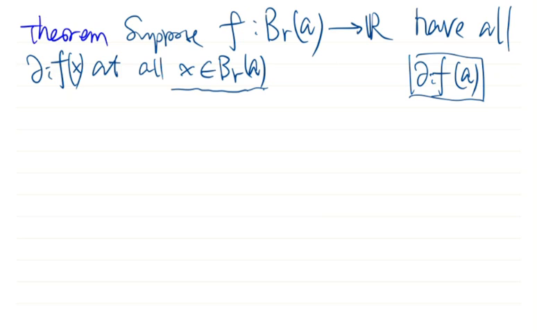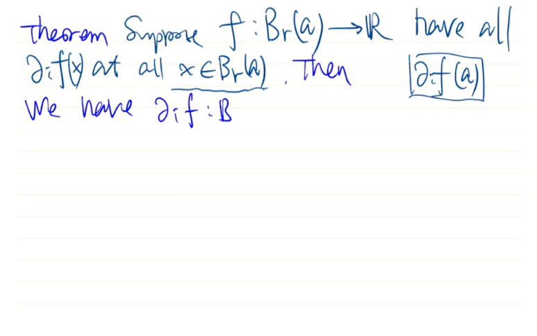So we have partial derivative functions. This partial derivative becomes a function defined in the neighborhood of A for any i. If the partial derivative exists for all i and all x, then for every i, we let x change and obtain a new function.